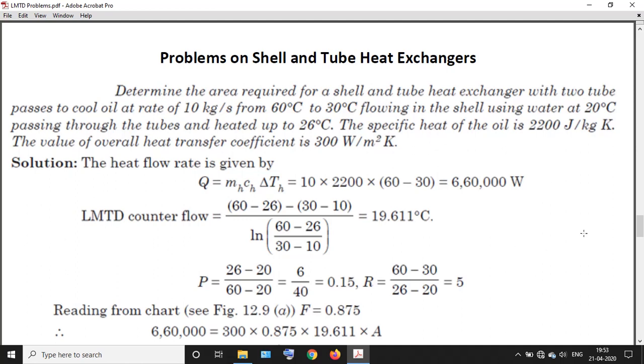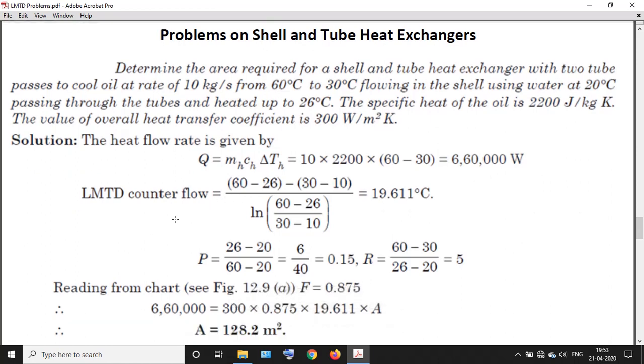Here it is not drawn, but you can still draw a temperature profile diagram for a counter flow arrangement across the same temperatures, and with those temperature values you can first find the LMTD for a counter flow arrangement. To correct this LMTD for a shell and tube, we need to find the correction factor F.